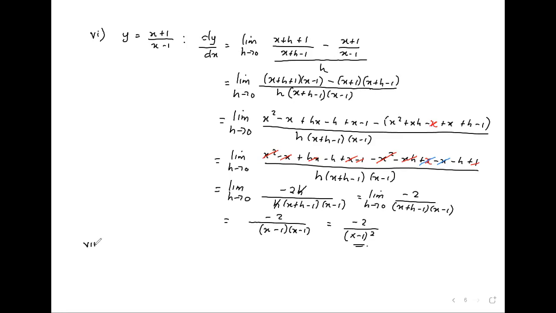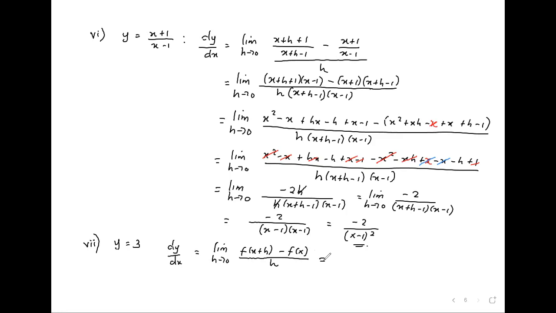So the 7th one, y is equal to 3. By definition, dy dx should be the limit as h goes to 0 of f of x plus h minus f of x, everything over h. What happens?